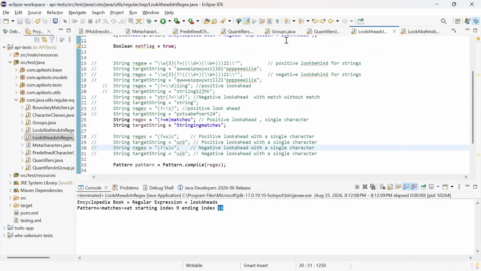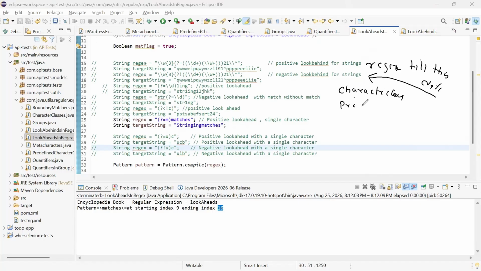Now, there is also an important thing in the context of lookaround. Whatever concepts we have discussed in regex till this date, be it character classes, predefined classes, groups, or quantifiers, every single thing you can place here in the lookahead expression can be evaluated.